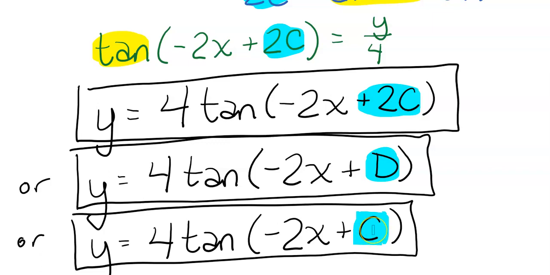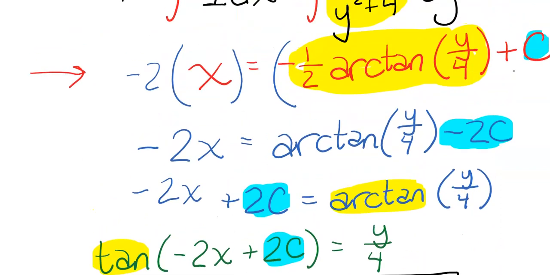You can just keep using the letter c throughout. I would advise you to use one of the first two options. The last one, there's some mathematical issues with it, but you can get away with it. But it can get confusing if you're using a c to represent the ending constant, because that's going to be different from the c you had at the beginning.